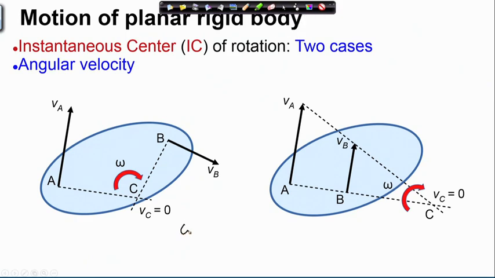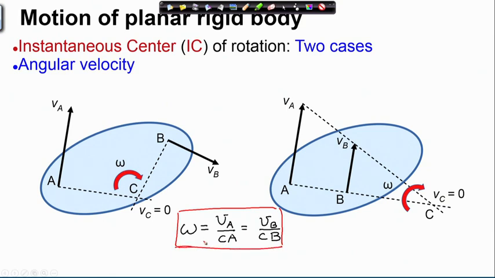Angular velocity is defined as V A by C A, where C A is the radius vector. So, you know that omega cross C A must be V A, and similarly omega cross C B must be V B. So, therefore, this must also be equal to V B by C B, and this is valid for both the cases that I have shown you.